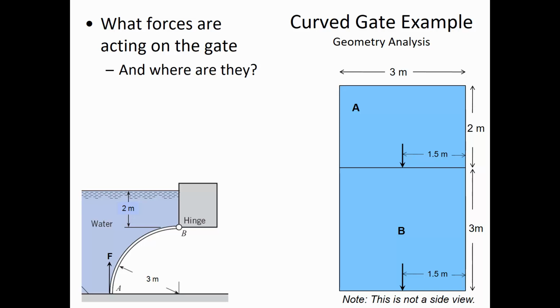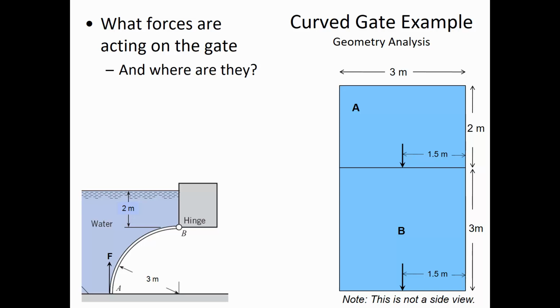So 3.5 meters times 9810 newtons per meter cubed times the area, which is 3 by 4, so 12 square meters. So the magnitude of that force is 412,020 newtons. So that's this. And it's closing the gate, and we want to know what is the location of it.